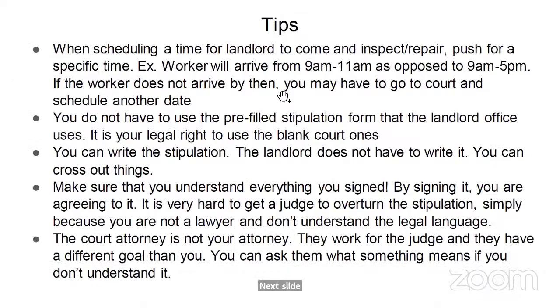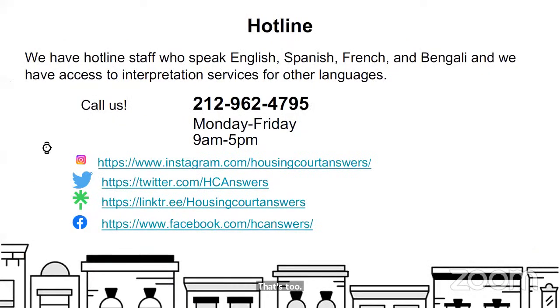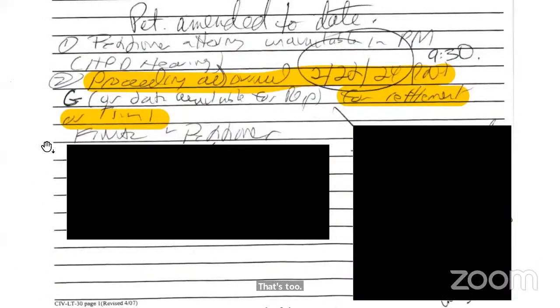So those are the examples of our stipulations. Also, I just want to mention for the last slide, when you go to trial, the judge will look at the facts of the case.